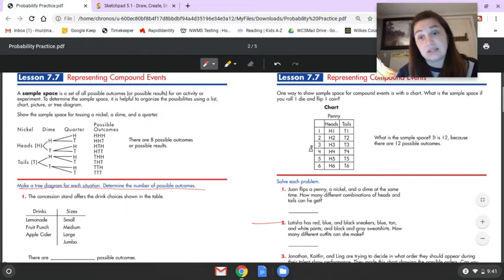And you guys know me, I love tables, but in this particular scenario, I like the fundamental counting principle because I get to skip some of those steps. A table is pretty much the same thing as doing a tree diagram and the sample space. It's really just repeating that over again, putting it into a table format.